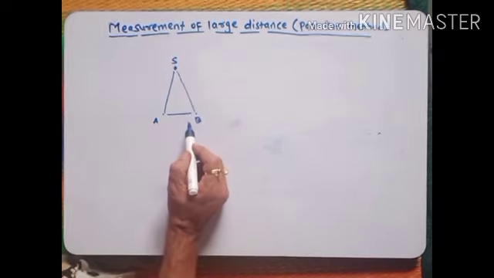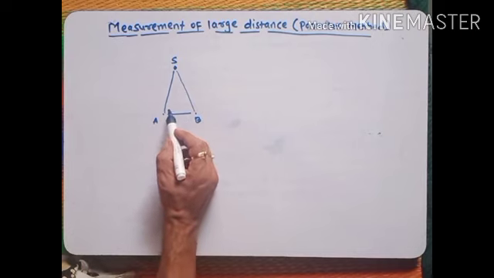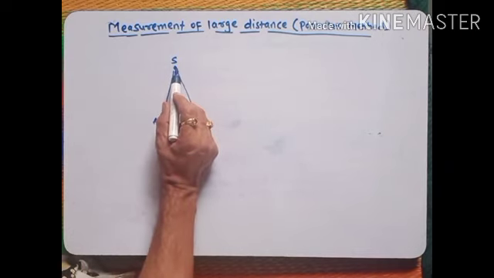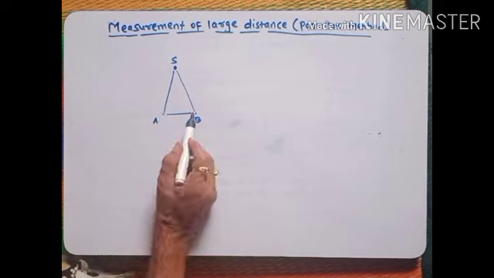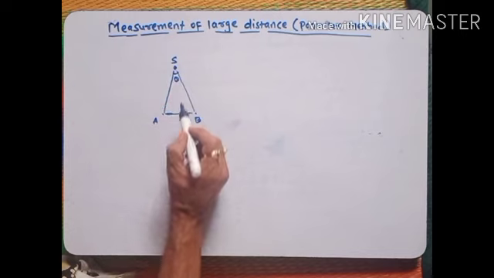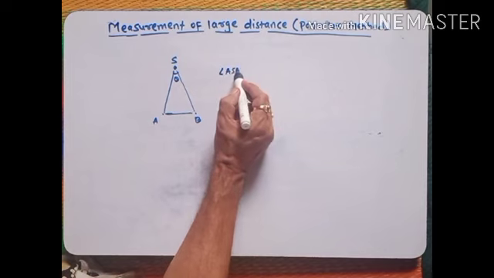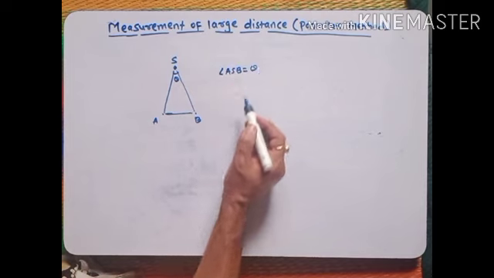Suppose this is the planet S. The same planet S is observed at the same time by two observers A and B. We measure the angle ASB, this angle theta. Angle ASB is equal to theta.